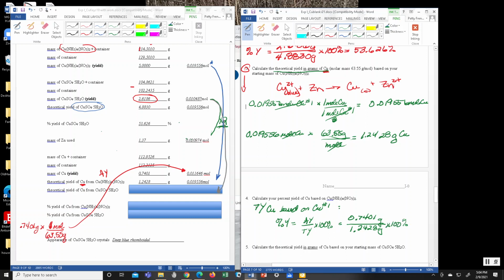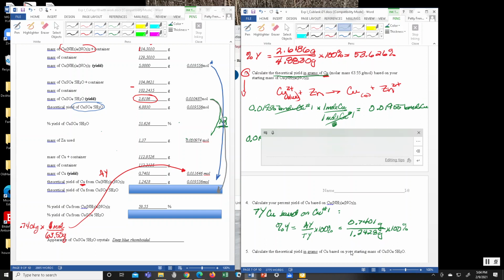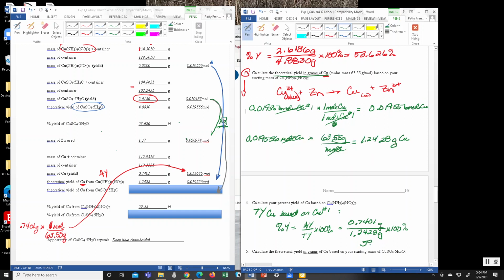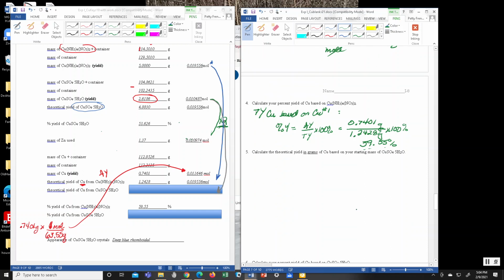And this would give us 59.55%. 4 sig figs, 4 sig figs. All right, so that was based on the copper tetramine, close to back at the beginning.